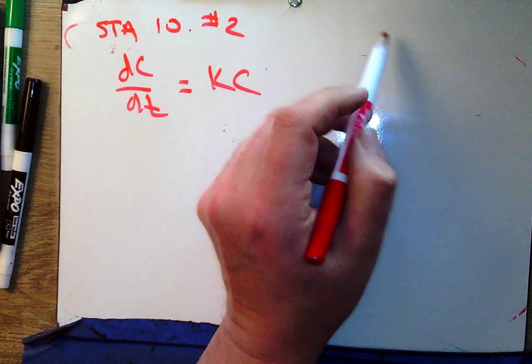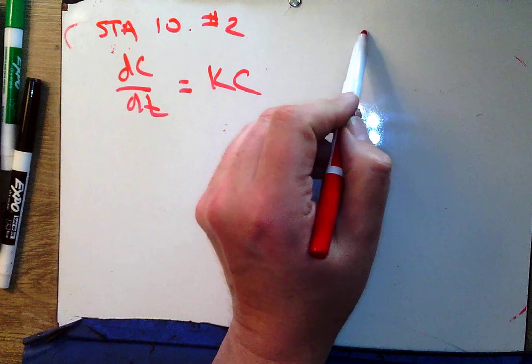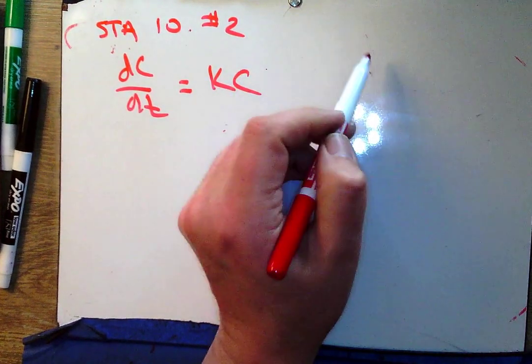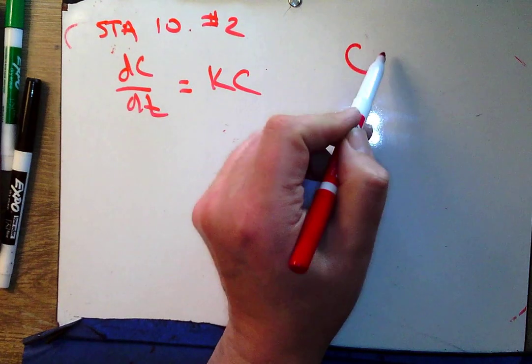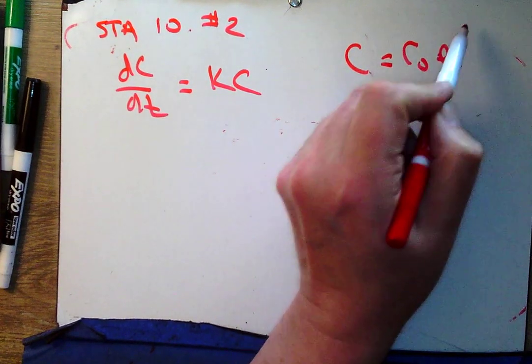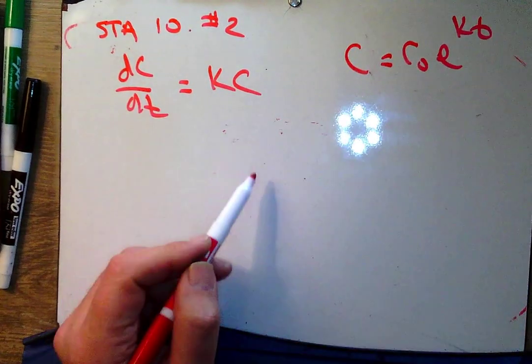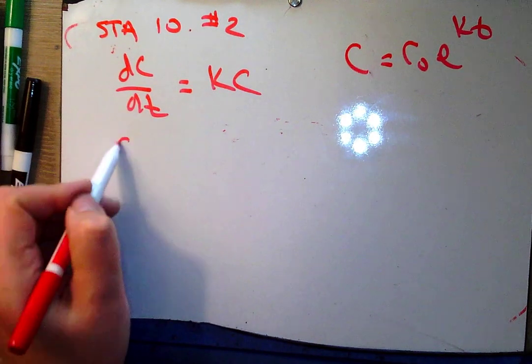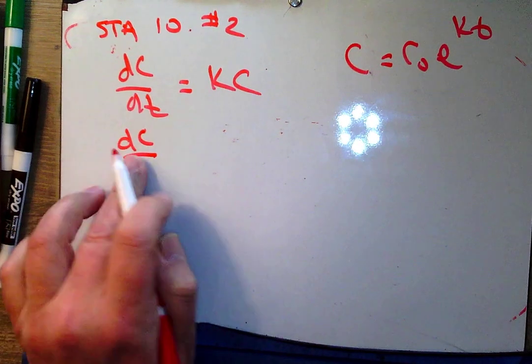Okay, so we know that it's kind of like a half-life problem, where C is about e to the kt, and how do I know that? Because I kind of solved this already, but let's solve this differential equation.